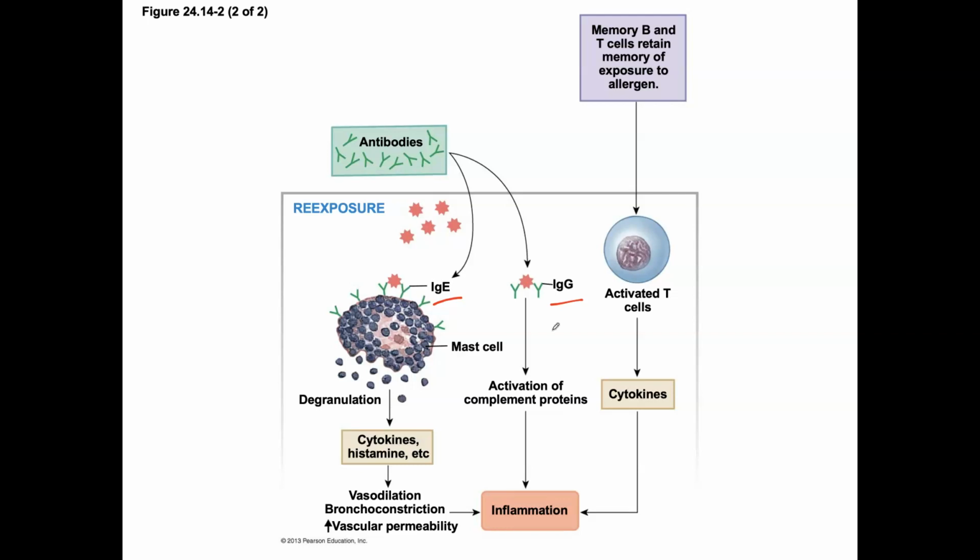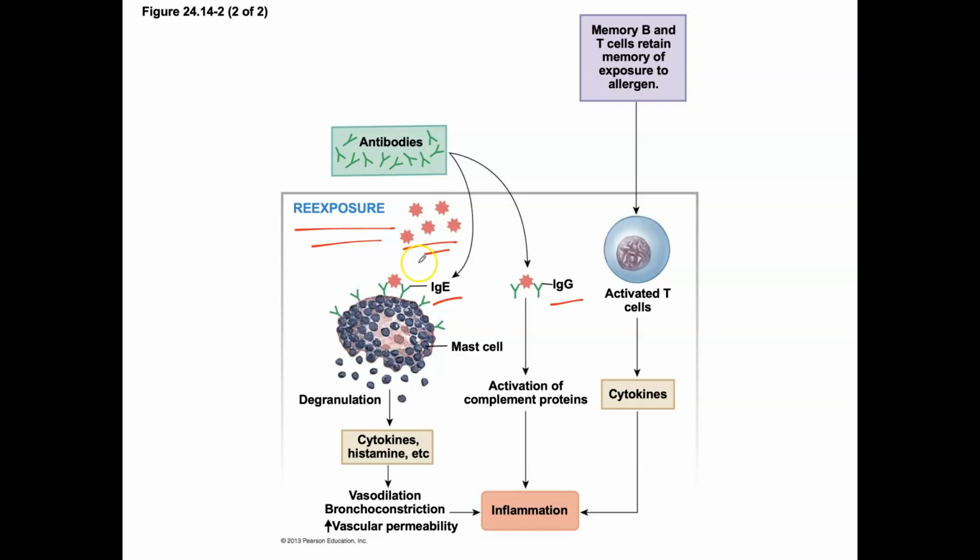So upon re-exposure to the same allergen, we're now going to see the allergic reaction that takes place. Re-exposure is going to lead to a rapid and strong response because there are already antibodies embedded in mast cells and basophils, and there's already IgG antibodies present in the blood plasma.